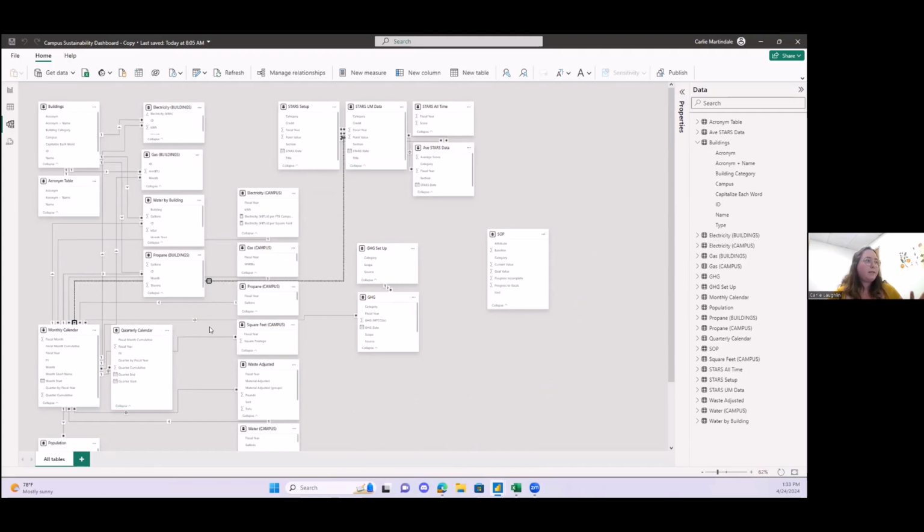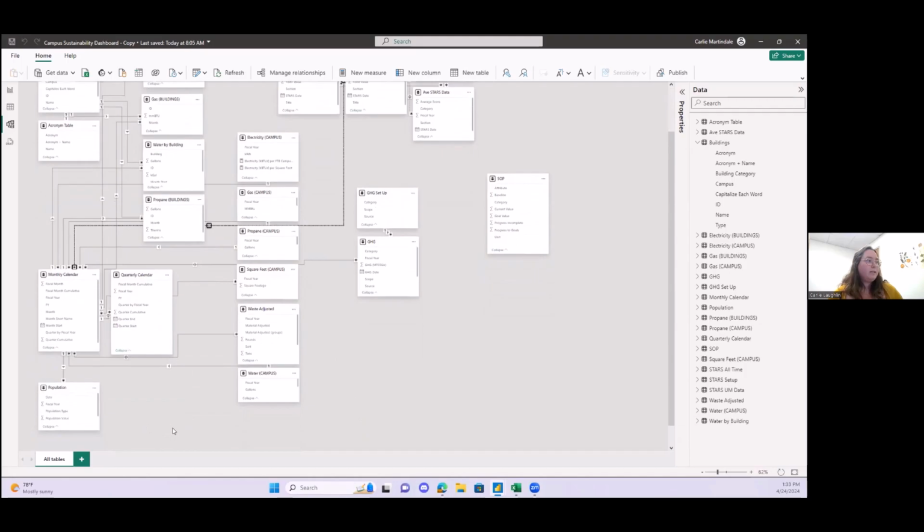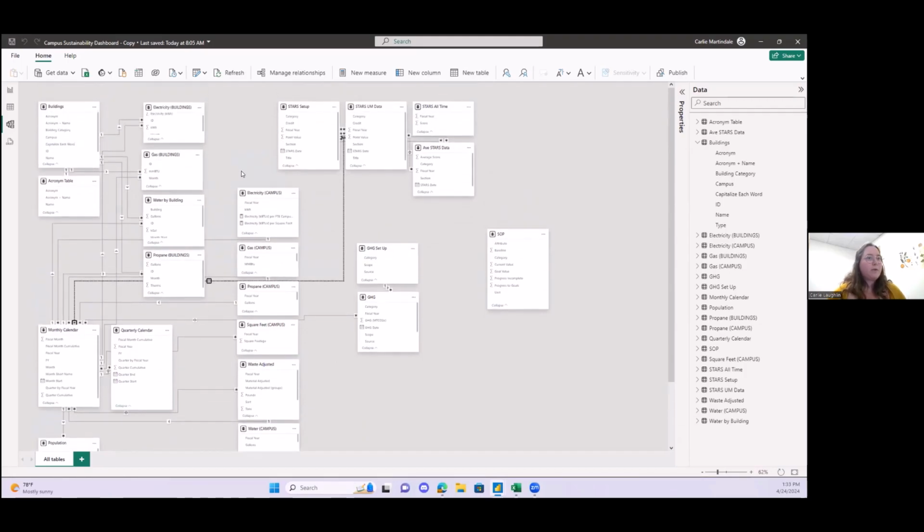And I try to keep this kind of arranged in clusters for my own sanity. But on the back end, I think it was a little complicated initially for me to set up because I am self-taught at this. I kind of came into this without having formal training in Power BI. But I think it's relatively easy for me to understand now.